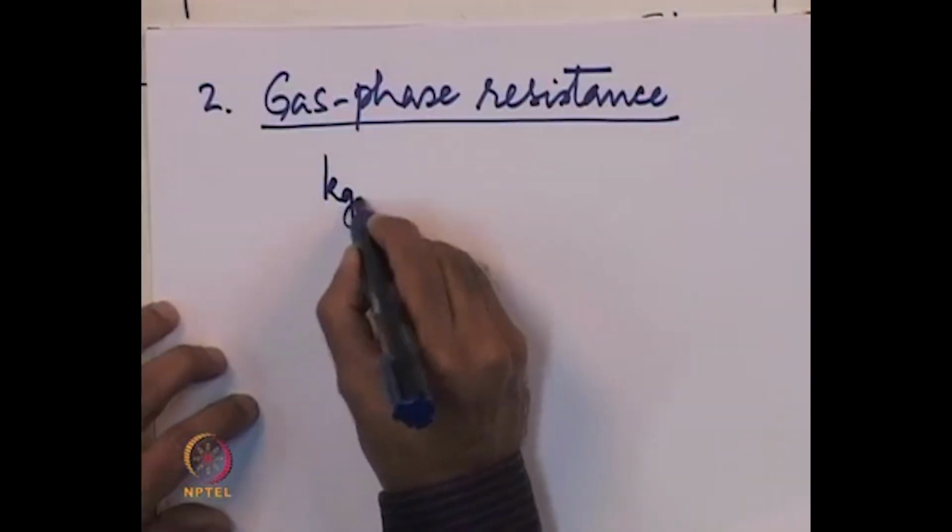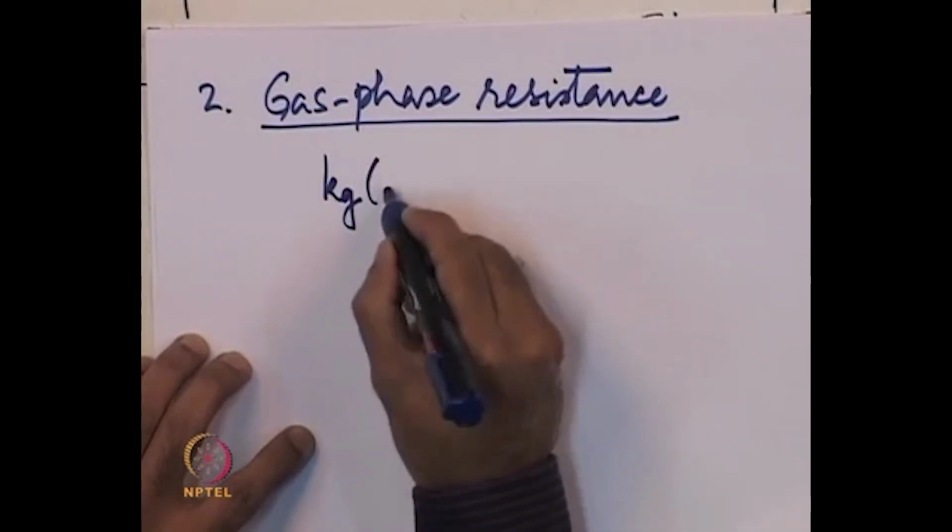So, we calculate the interfacial partial pressure by equating the flux of the gaseous solute from the gas side to the flux on the liquid side. In other words, you use the usual balance for two phase mass transfer.